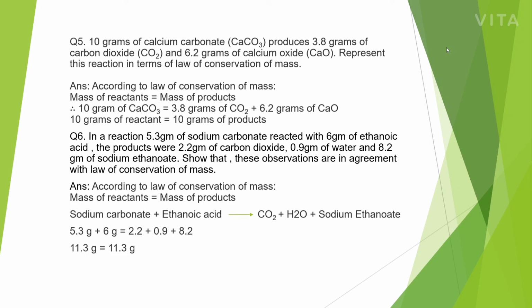So now 5.3 grams plus 6 grams is equal to 11.3 grams. Now 2.2 plus 0.9 plus 8.2 is also equal to 11.3 grams. So we can see here the mass of the reactants is equal to the mass of the products. So these observations are in agreement with the law of conservation of mass.